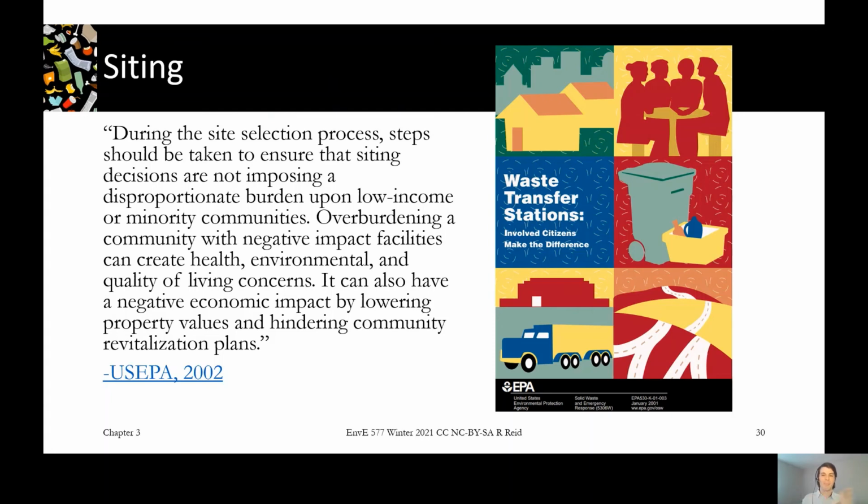They don't want to be pushing our problems onto neighborhoods that are less able to push back against them, and they don't want to have those neighborhoods be worse for it either. So if a neighborhood is trying to revitalize and someone puts a transfer station in, it may negatively affect that. So this is something that comes up with transfer stations just because they're right in our cities, but it also comes up with all the waste facilities that we'll look at.